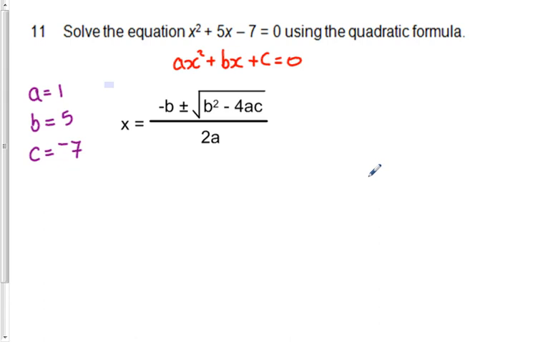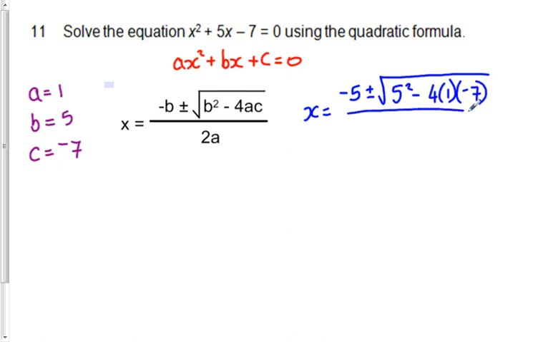Now, we can fill in our numbers since we know what a, b, and c are equal to, which gives us that x equals negative 5 plus or minus the square root of 5 squared minus 4 times 1 times negative 7, all over 2 times 1.